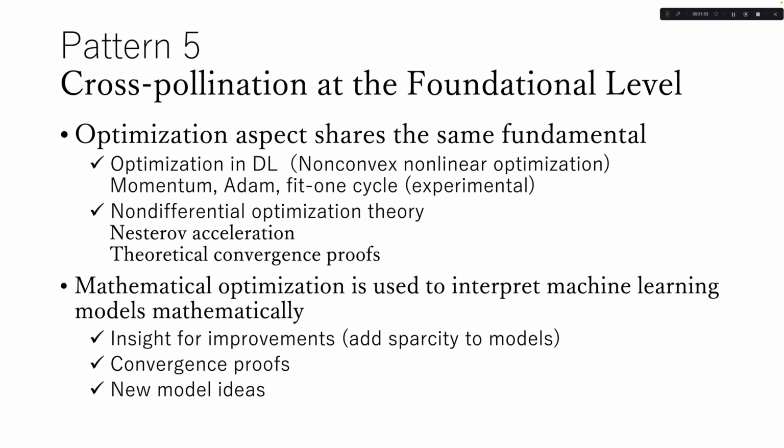While deep learning typically follows an experimental and practical approach, such as the fit one-cycle method, the optimization field focuses on theoretical convergence proofs. Furthermore, mathematical optimization is used to interpret machine learning models mathematically, providing insights that lead to improvements, convergence guarantees, or new model ideas.